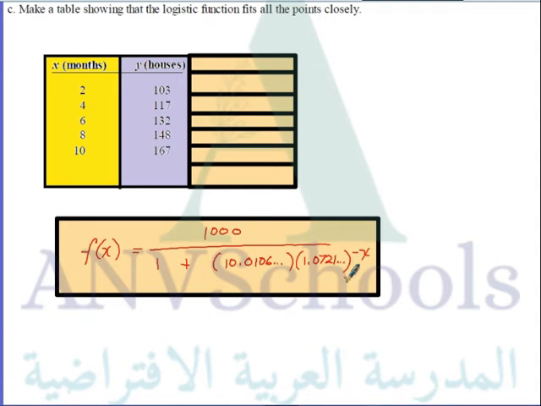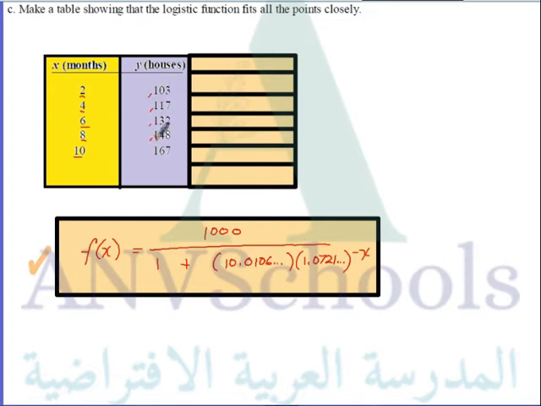Now, using our calculator again, we are going to evaluate whether the computed value for y with the given x, the given x being 2, 4, 6, 8, 10, using this function would give the same results or close values to these y's here.